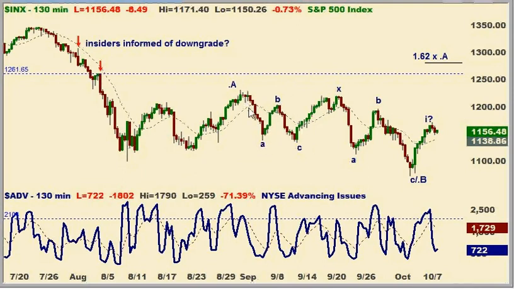You can see the symmetry here between the A and C waves. Likewise, in the second segment, you have very similar A and C waves, and then what appears to be, at least so far, an impulse back up off of the October 4th low. Anyway, hopefully that all makes sense.